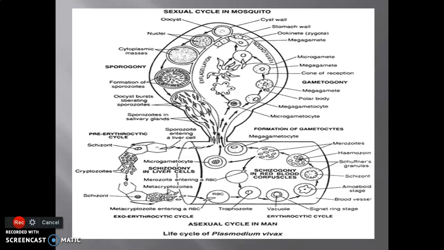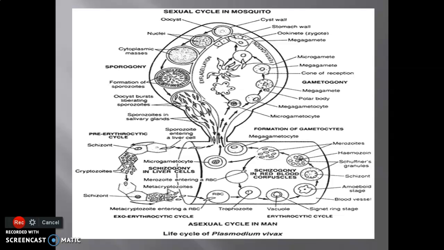Now when again there is bite of mosquito, with the bite it sucks the blood, with the blood there come RBCs, and with the RBCs it takes gametocytes. Now both the gametocytes are engulfed, are sucked by mosquito.